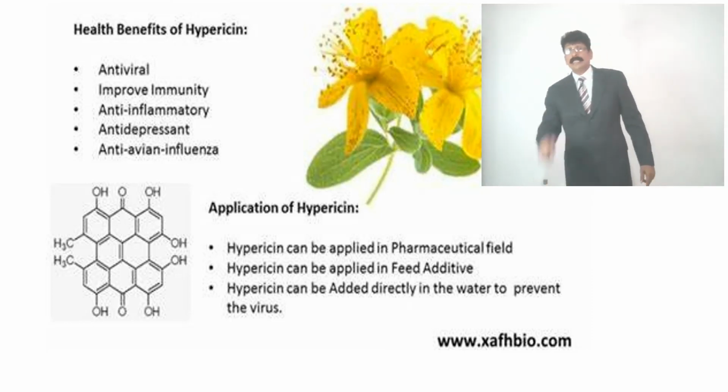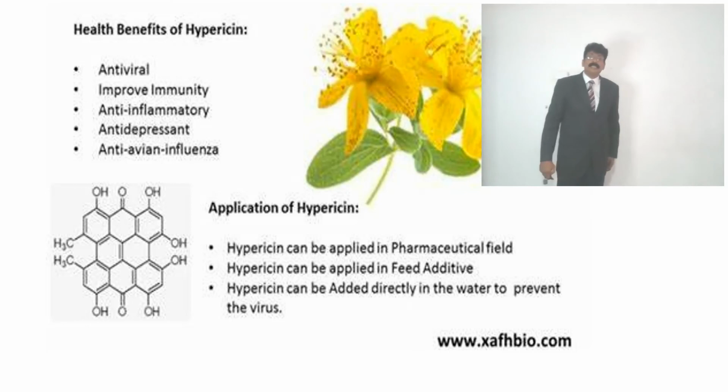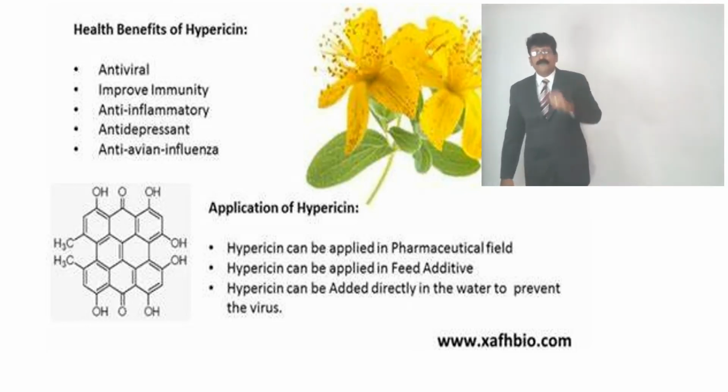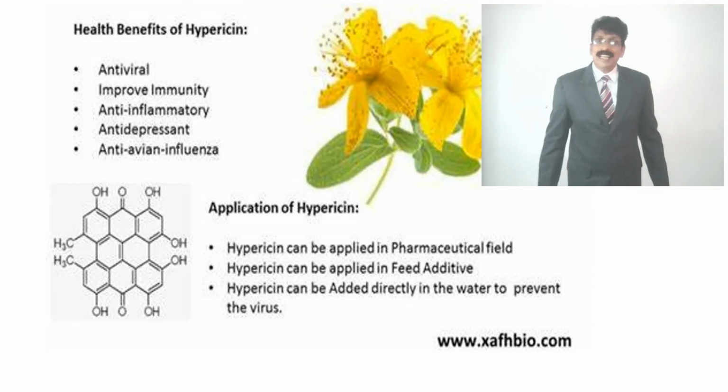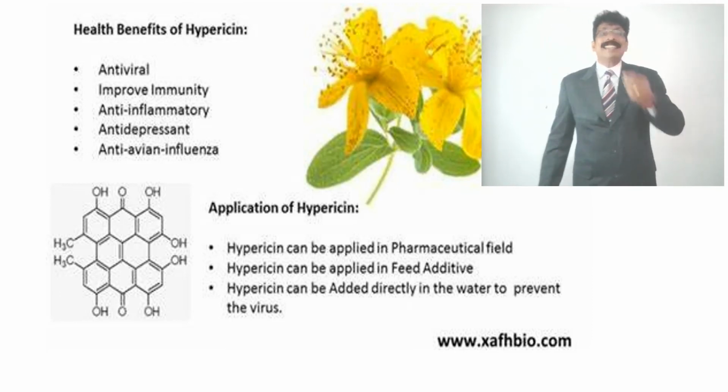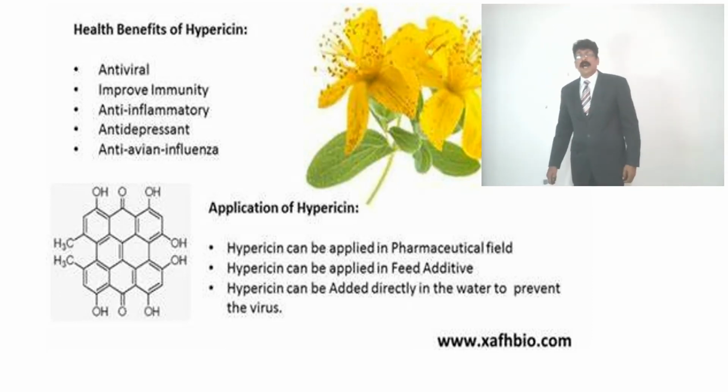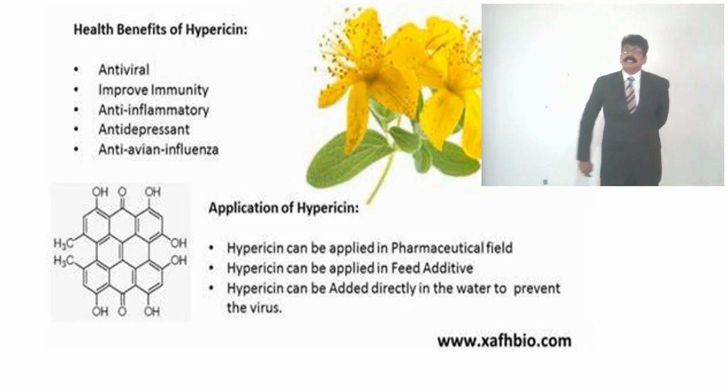That is actually a very interesting drug which can be used for bird flu. We know that bird flu is caused by avian influenza, which has no medicine till now.